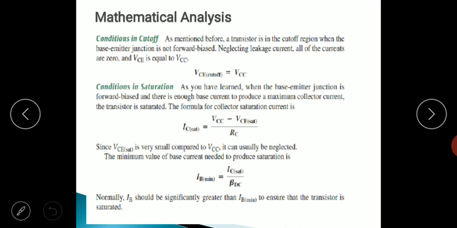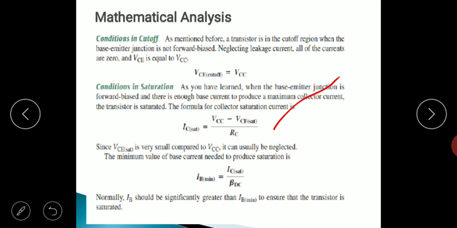And when both the junctions are forward biased, again from the output equation VCE equal to VCC minus IC into RC, we can write the collector current, the saturation current that flows through the transistor, as IC sat equal to VCC minus VCE sat by RC, where RC is the collector load, VCC is the supply voltage, and VCE sat is the small voltage that exists across the collector emitter junction when the transistor is conducting.